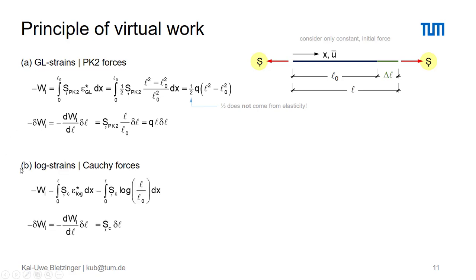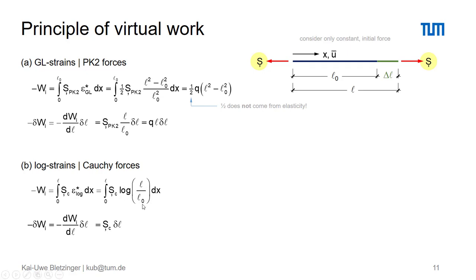Following approach B, the direct approach, where we treat the problem in the deformed configuration, there we pick this pair with logarithmic strains and Cauchy forces, substituting that in the work equation, now integrating over the deformed configuration, the deformed geometry. Here the work is done by, now again you see the sub comma, a given prescribed Cauchy force, multiplied by the related strain, the logarithmic one, with respect to the final state of equilibrium.